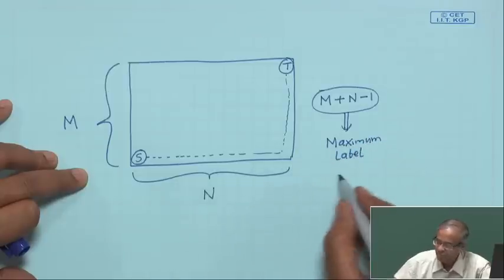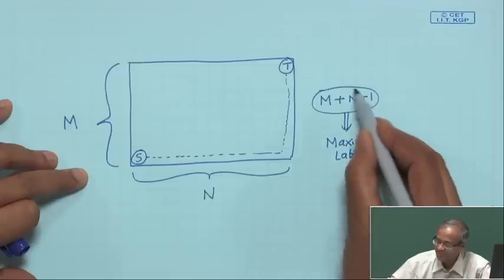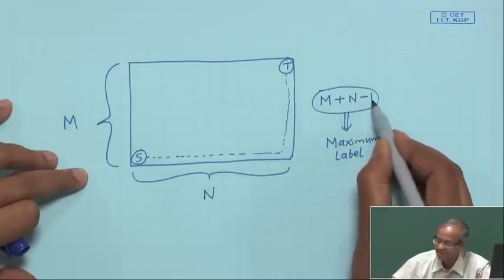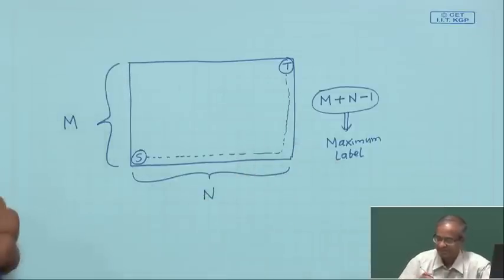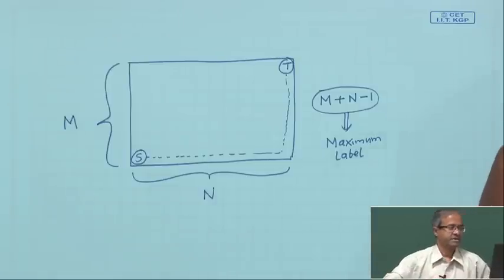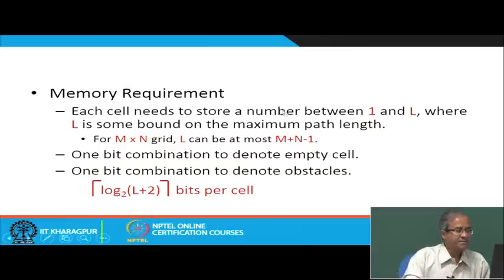As I number the cells 1, 2, 3, 4, 5 like that, the maximum number can be m plus n minus 1, not more than that, for an m by n grid. So, so many numbers I have to represent.